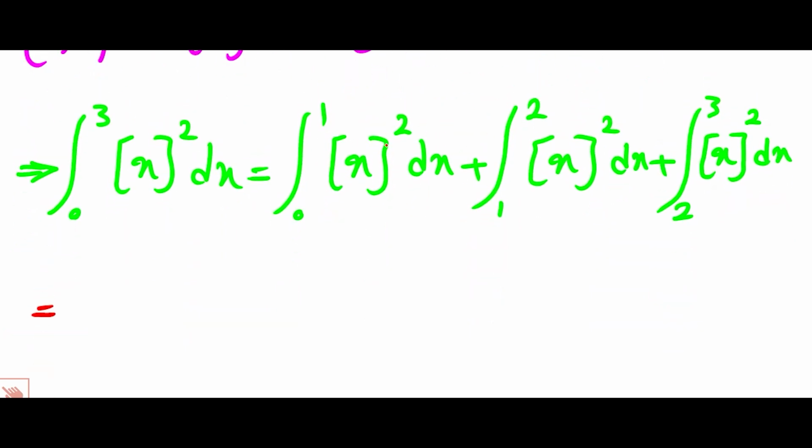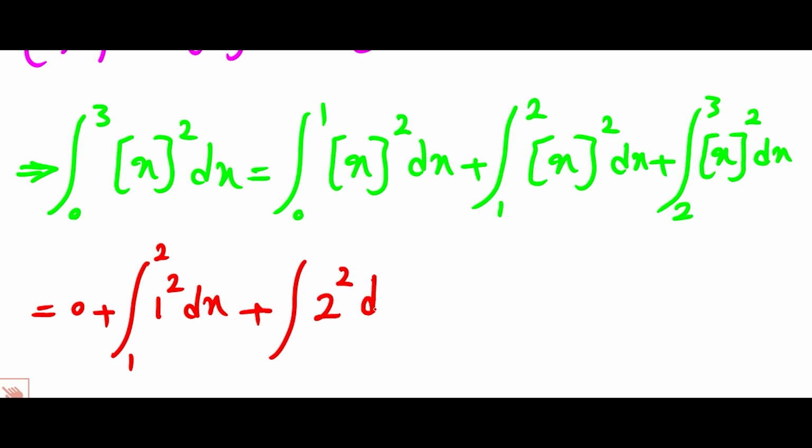So the final answer: on the interval from 0 to 1, the floor of x is 0, right? So 0 squared is 0, plus on the interval from 1 to 2, the floor of x is 1, so the integral of 1 squared dx from 1 to 2, plus on the interval from 2 to 3, the floor of x is 2, so the integral of 2 squared dx from 2 to 3.